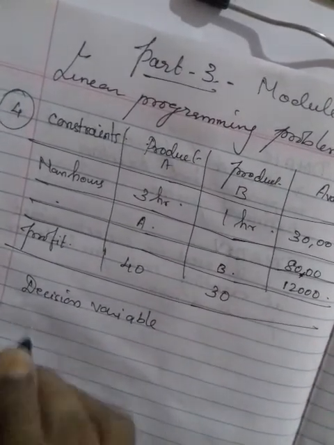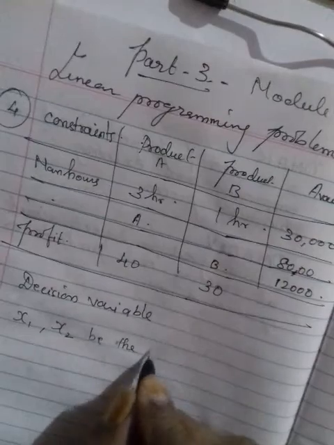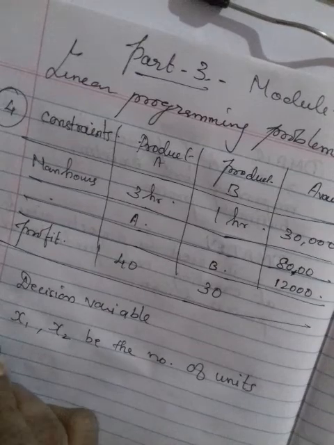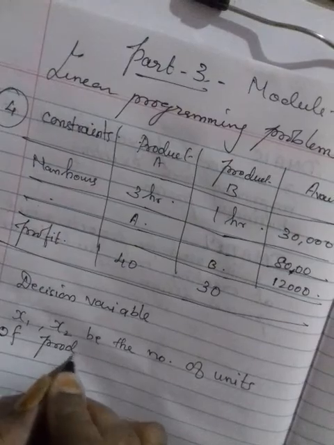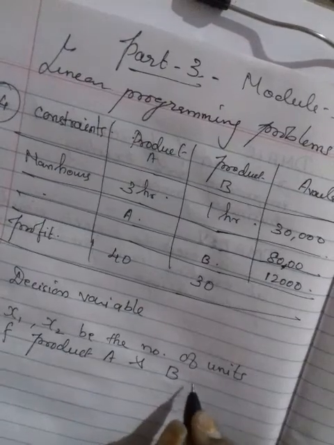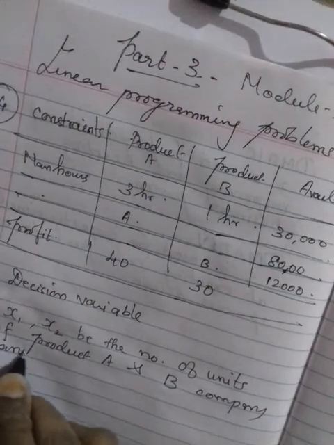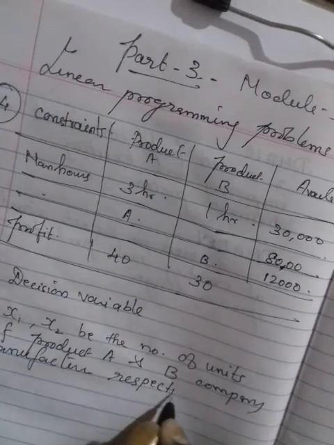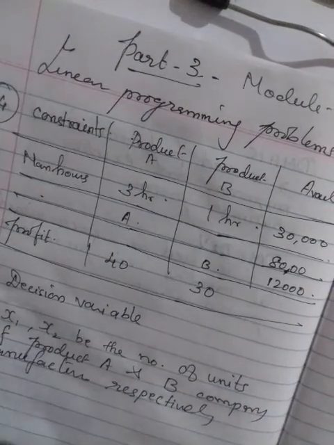There are two products now, so let x1 and x2 be the number of units of products A and B the company manufactures respectively. This is the first one, the decision variables.